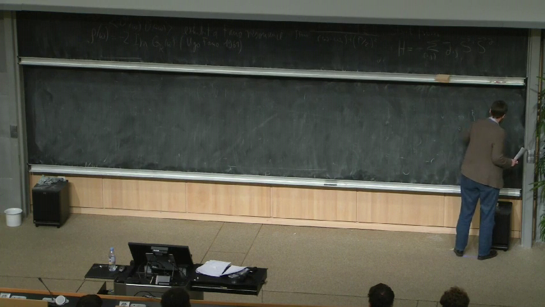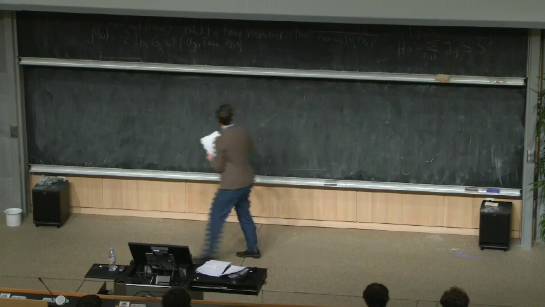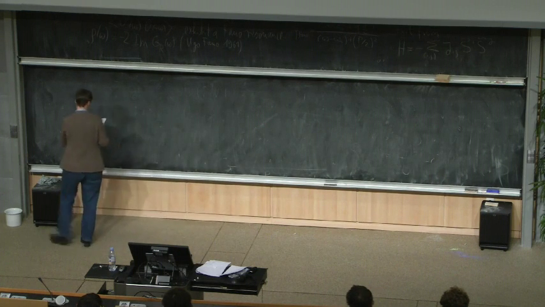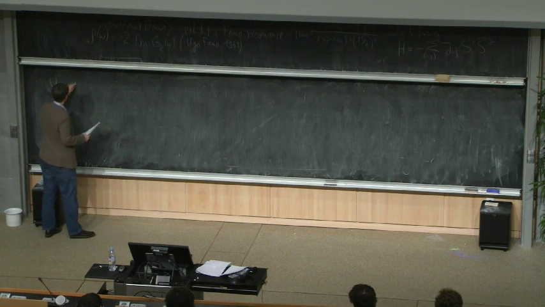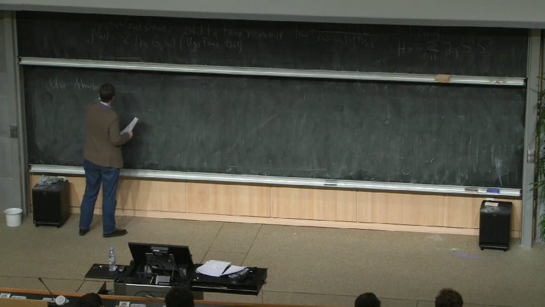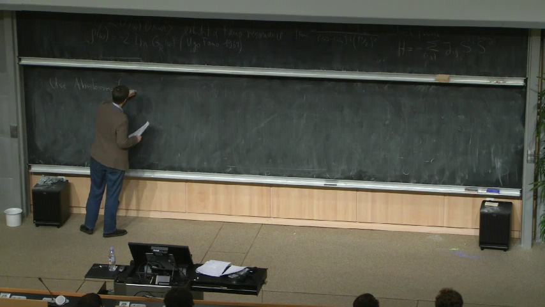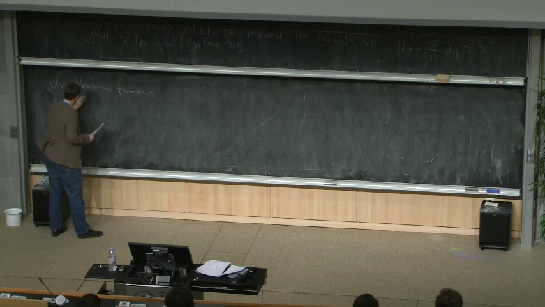First of all, this model can be reduced to a model in 0+1 dimensions. So we start from the spin Hamiltonian and then use the Abrikosov fermions as before.